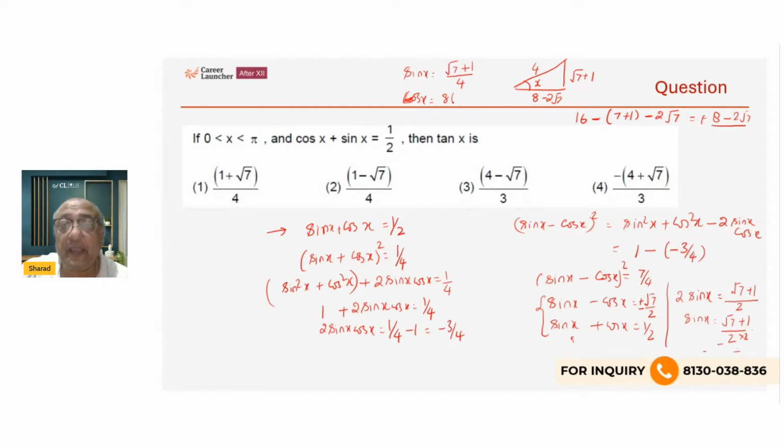It will be 8 minus 2 root 7. So now I have tan x equal to root 7 plus 1 upon 8 minus 2 root 7. Understood? All of you, please confirm. Have you got this?